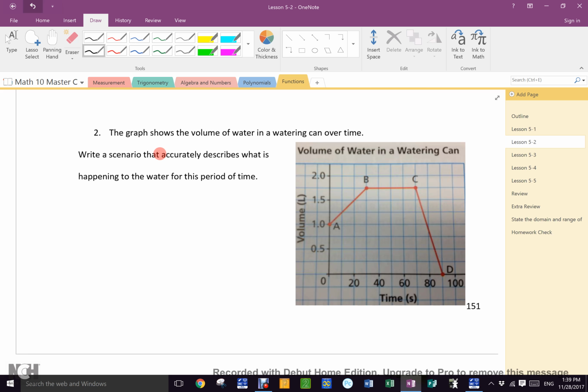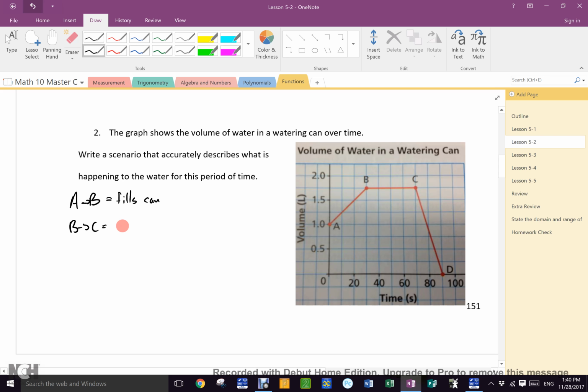The gardener, whomever it is, picks up a watering can that has 1 liter of water in it. Right? So from A to B, the gardener fills the watering can. Great. From B to C, the gardener does what with the water in the can?